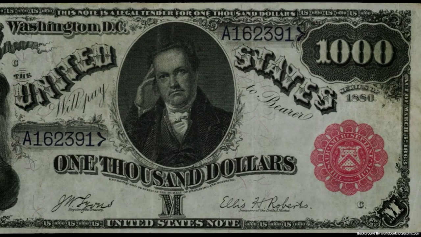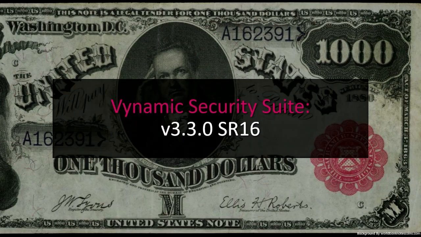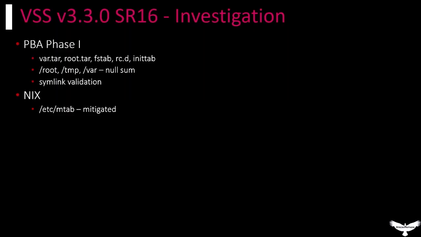Which conclusion brings me to service release 16. So in service release 16, right, we have symlink validation, there's null sums, there's a lot of structural control around the system initialization process. But the core of that integrity validation is all based on sum indexing.